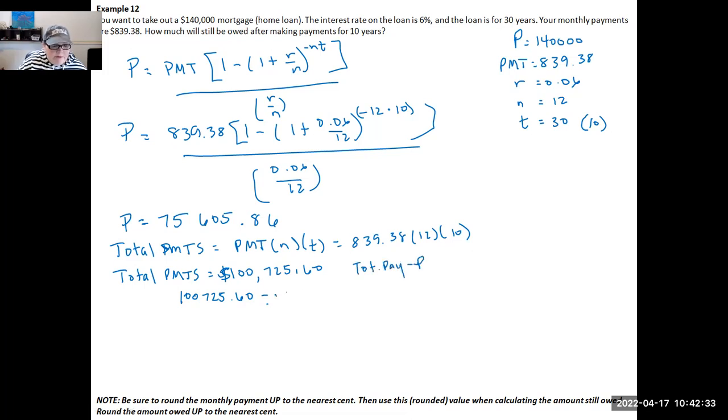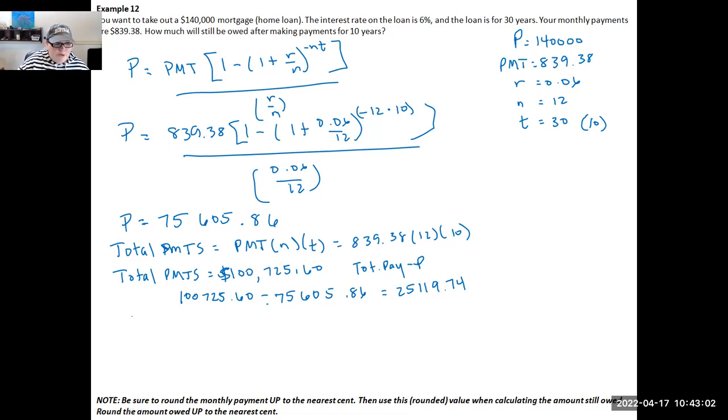So minus 75,605.86. And I got $25,119.74. That is the principal that was paid on the loan. That's the amount of principal that comes off of the original loan.